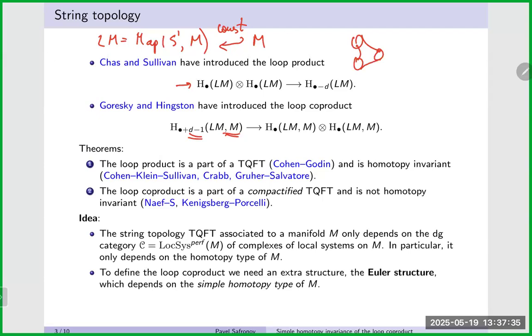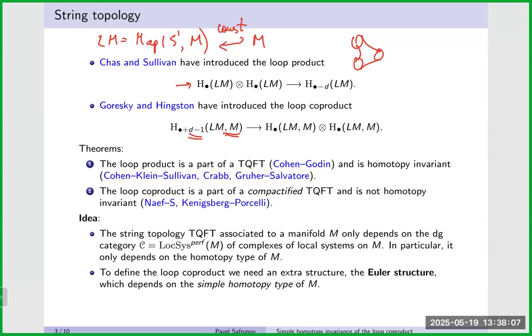To the circle, you associate homology of the loop space, and to this pair of pants, you associate the loop product. And actually, this whole TQFT, which was defined by Cohen and Godin, is homotopy invariant. And in particular, this loop product is homotopy invariant. Again, there's an issue with orientation. The corresponding diagram, if you have homotopy equivalent manifolds, commutes up to a sign.